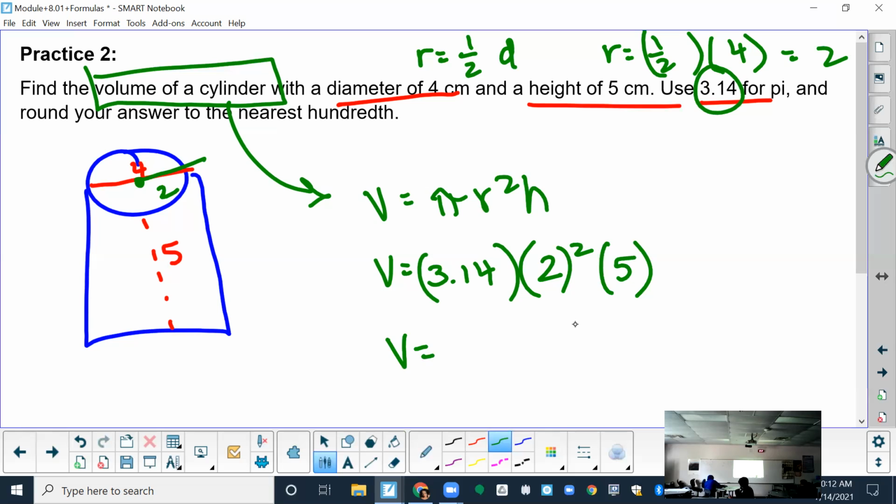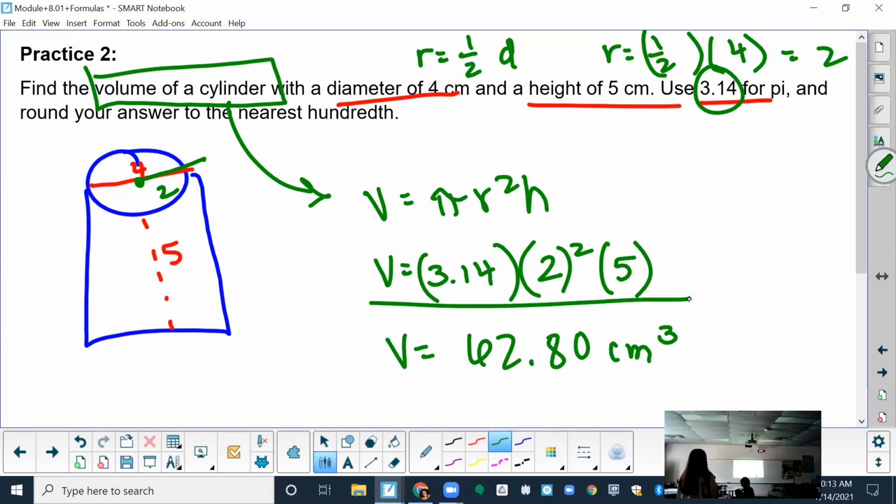And when you do that, you get 62.80 centimeters cubed. When you take volume, that's going to be cubed, not squared, because it's normally like 3 things being multiplied together. So that's cubed. Questions?